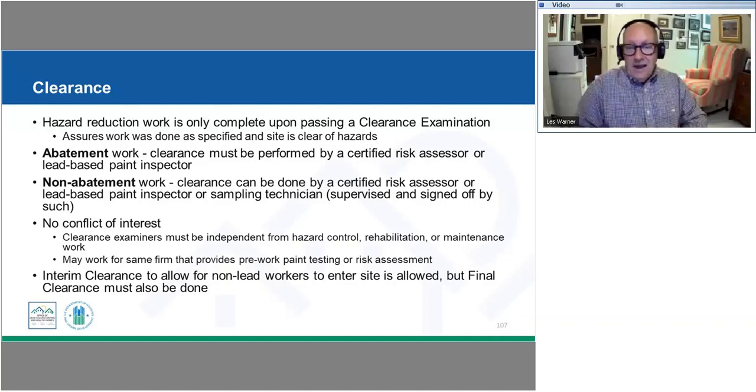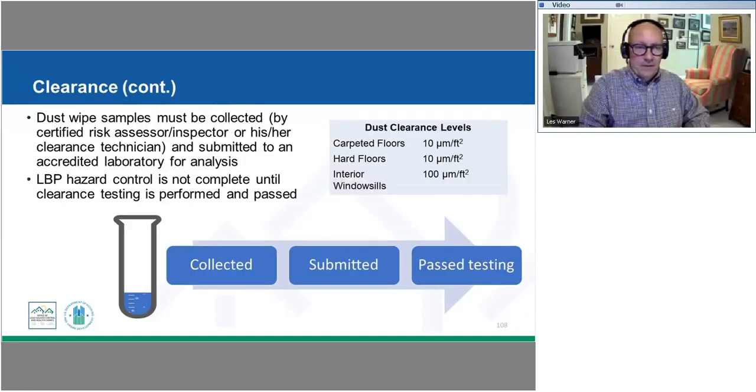But at the end of that project, we are going to do a final clearance just to make sure that any of the renovation work that was done didn't disturb and create some lead hazards. So that becomes part of your sequencing and planning.